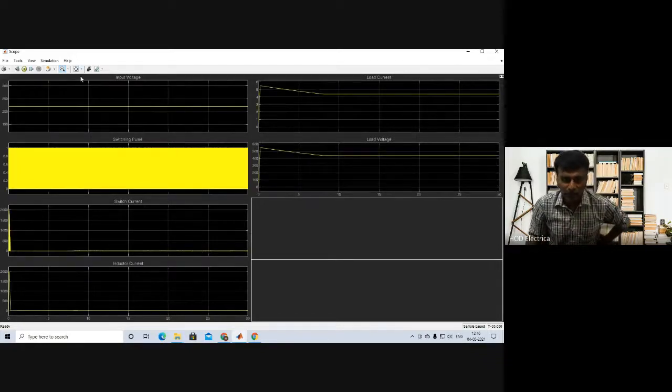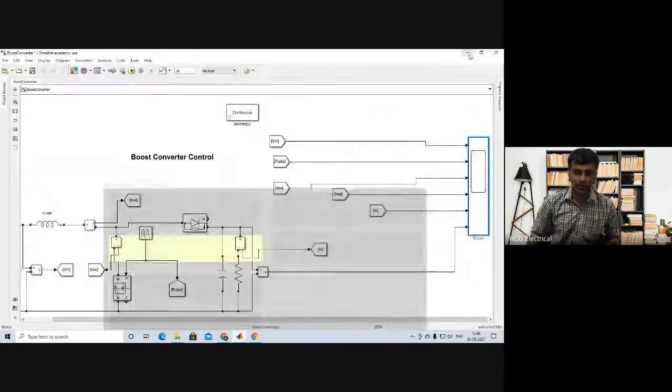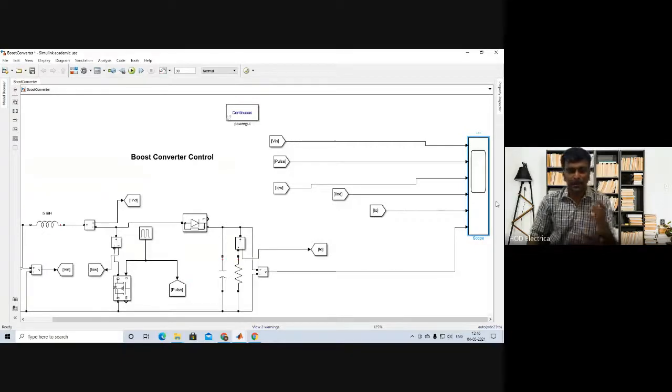Then the load current reflects the same: 440 divided by 100, you will get 4.4 amps. So this is the output of this buck boost converter when the duty cycle is 0% and when the duty cycle is 50%.